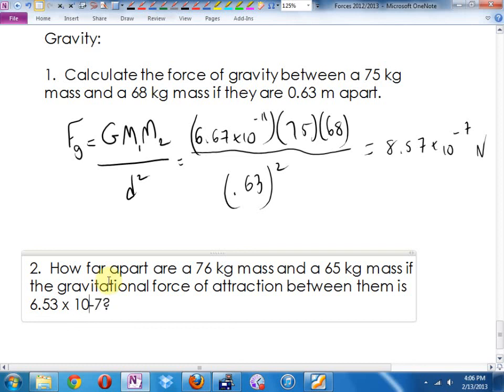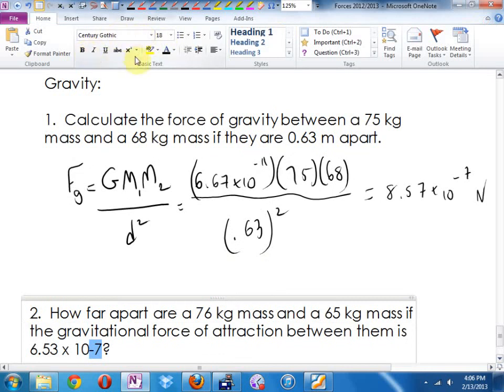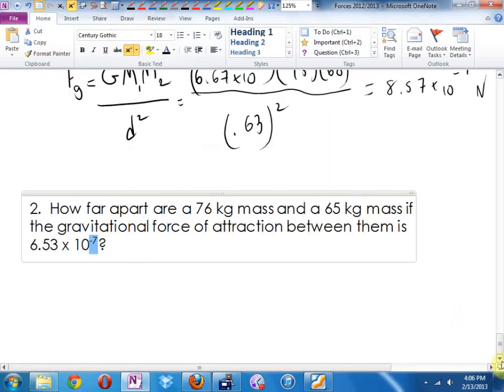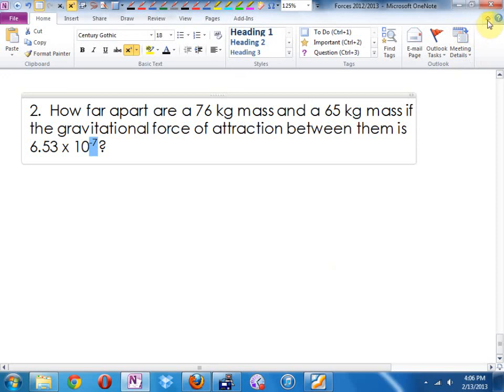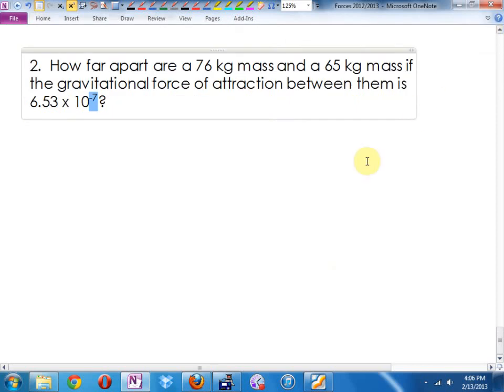Let's make that an exponent. So here's one: how far apart are a 76 kilogram mass and a 65 kilogram mass? The gravitational force of attraction between them is that big.